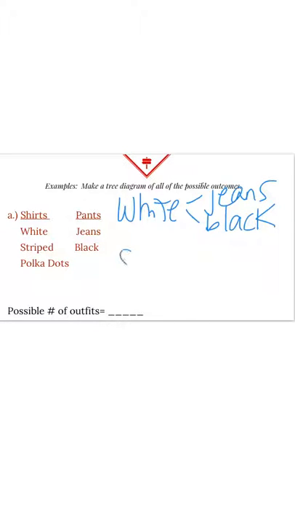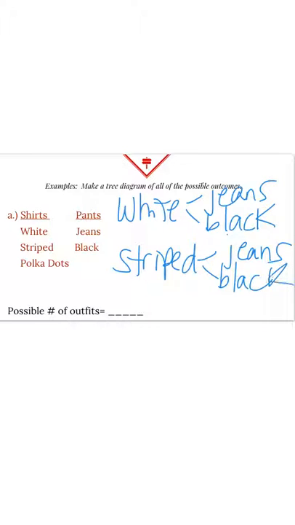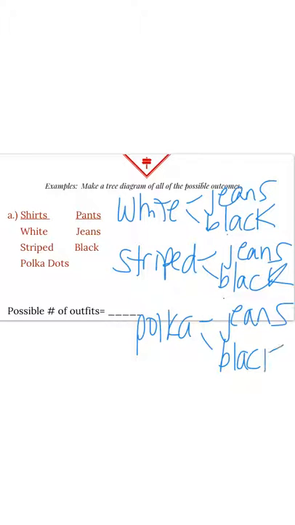Then we go to a striped shirt. Striped shirt can be paired with jeans and also black pants. And finally, you have the polka dot shirt that can be paired with jeans and black pants. As you can see, I drew lines from the type of shirt to the type of pants.